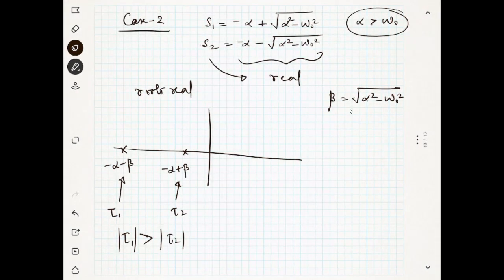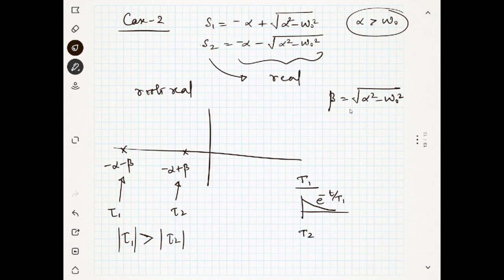What do you mean by dominate, sir? Suppose you have one time constant t1. What will be the response? The response will be e power minus t over t1. Understood?